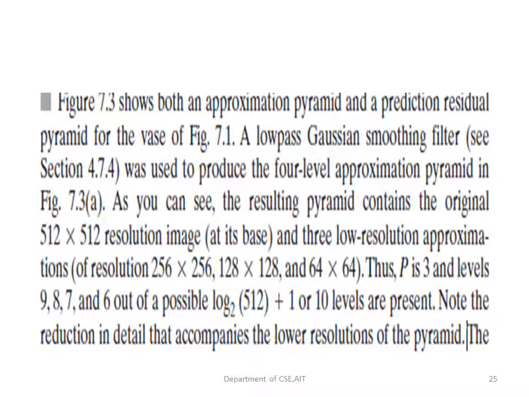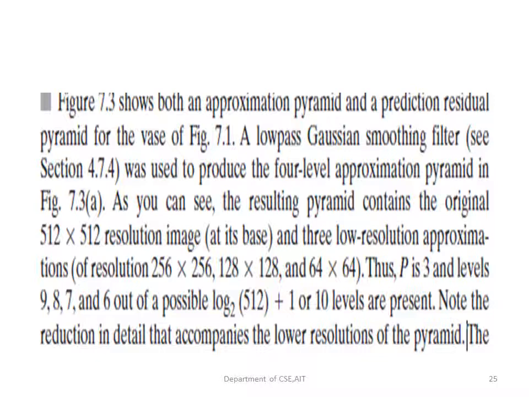The output figure, figure 7.3, gives us an approximation pyramid as well as a prediction residual pyramid for the input image given in figure 7.1. A low-pass Gaussian smoothing filter was used to produce the 4-level approximation pyramid in figure 7.3a.